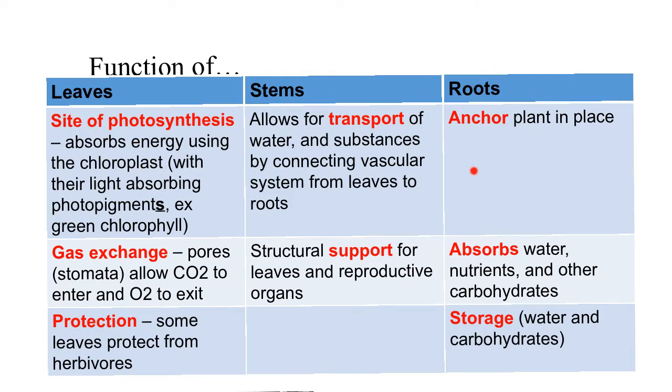The roots are really important for anchoring the plant in place, so it keeps it from falling over, moving, whatever. Roots also absorb water and nutrients, and they will store things like water and carbohydrates. So as we carry on our discussion of structure of these different organs, keep in mind their function, because structure is related to function.